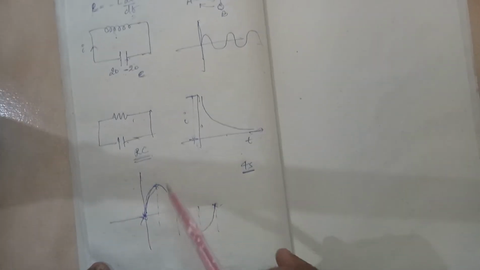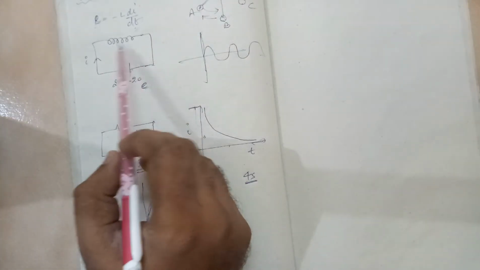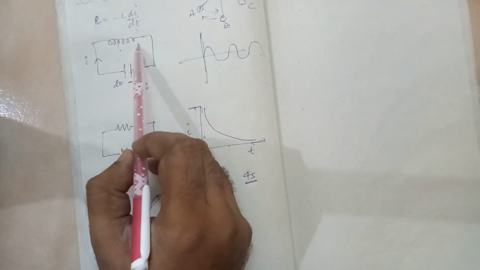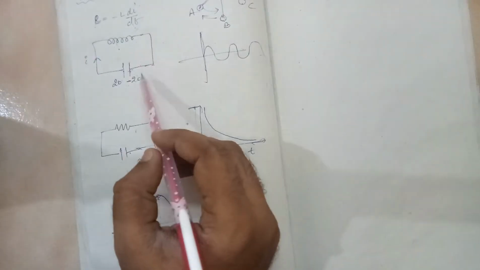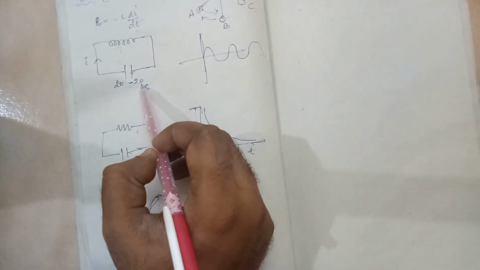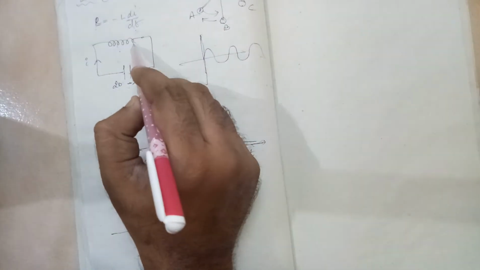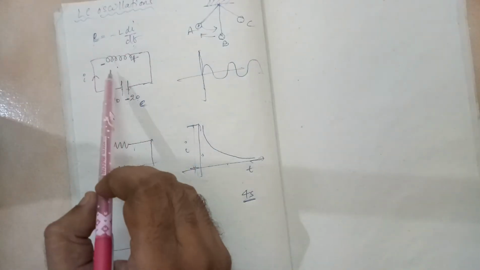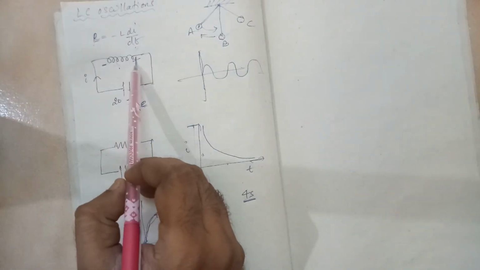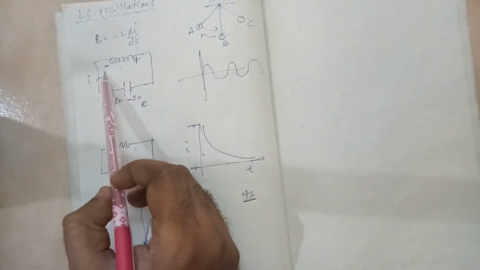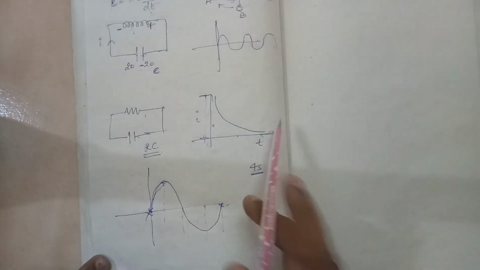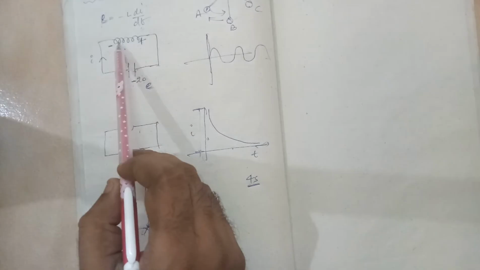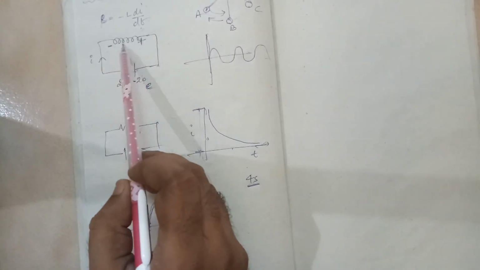Okay. Then what happens? The polarity of the inductor reverses. Initially say this is the minus part. So let us say this is the plus and minus. There is an induced EMF here. So this terminal behaves like a plus and this terminal behaves like a minus. For the first 1/2, this EMF value is changing.